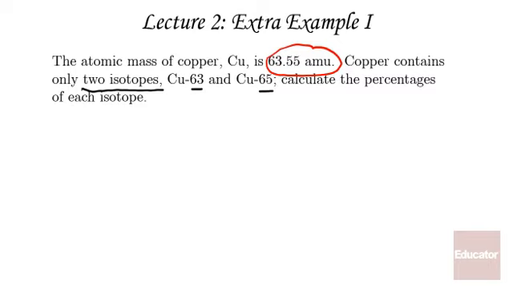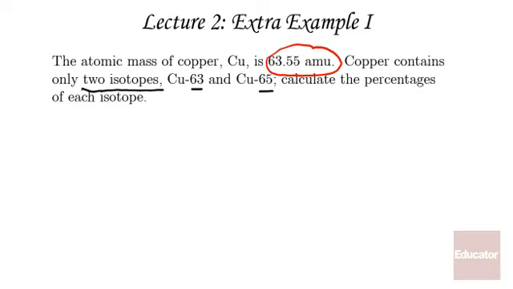Elements are characterized by having the same number of protons in their nucleus, the same nuclear charge, the same atomic number, but they may have different numbers of neutrons, leading to the existence of isotopes of the element. So, 63.55 is the average atomic mass of the two isotopes of copper.